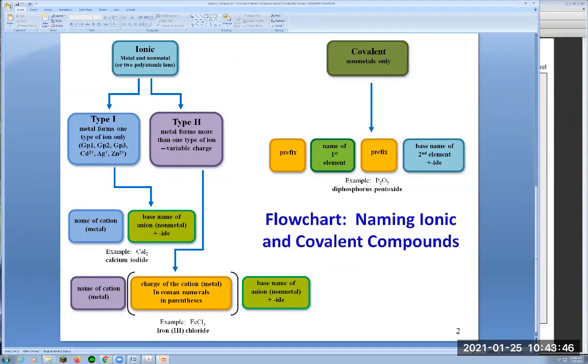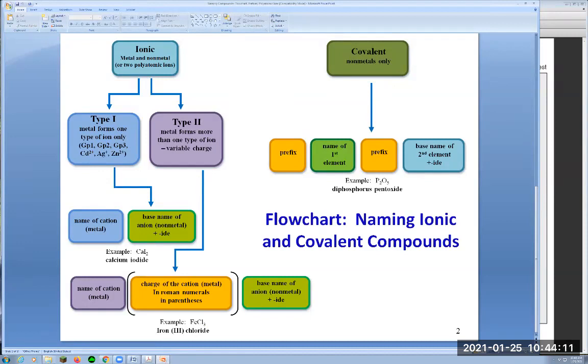Because you will not use the same way of naming. And it's important from the start to use the correct rules. For example, for covalent compounds, we use prefixes. Otherwise, it's similar. The name of the first element is the same as it is in the periodic table, and the name of the second element ends in "ide."